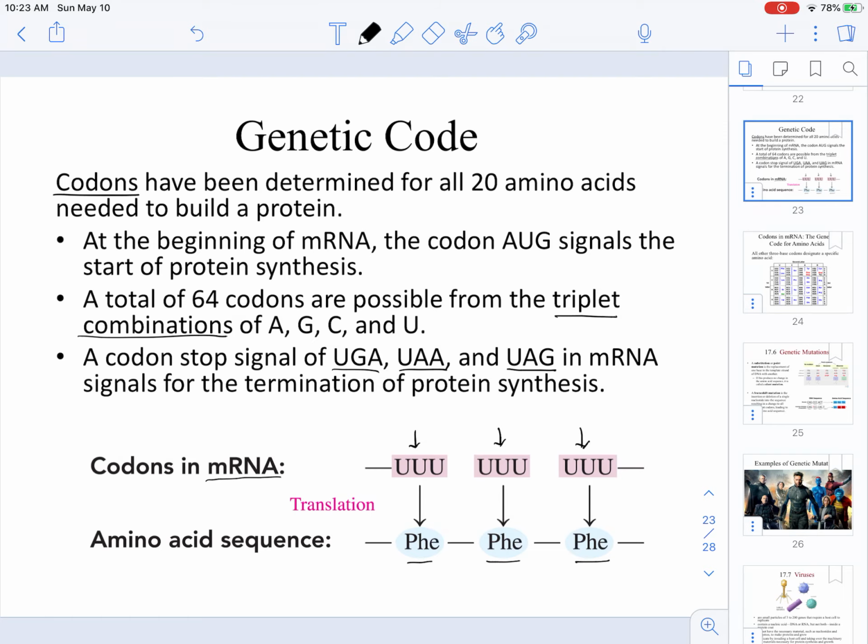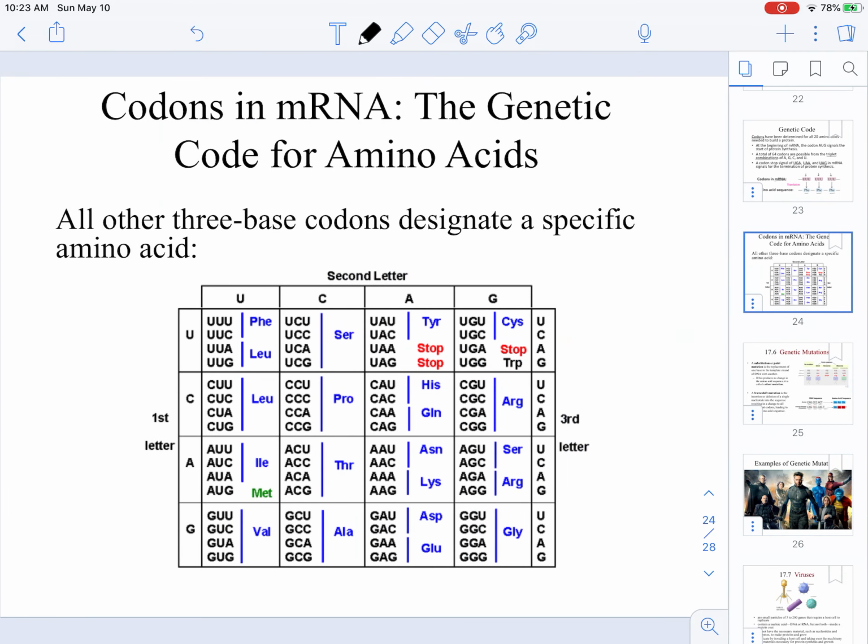Now, understand that these codons are organized in a table. You do not have to memorize the genetic code. Maybe there are people out there who would like to do that, but I personally do not even memorize it myself.